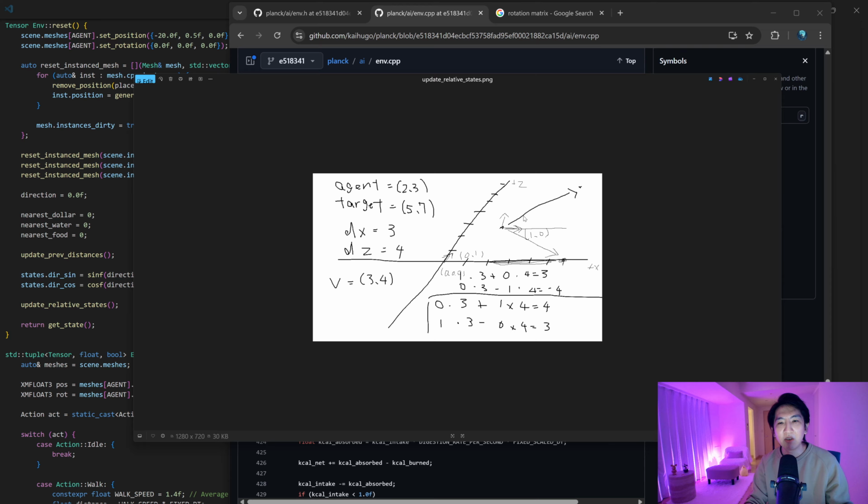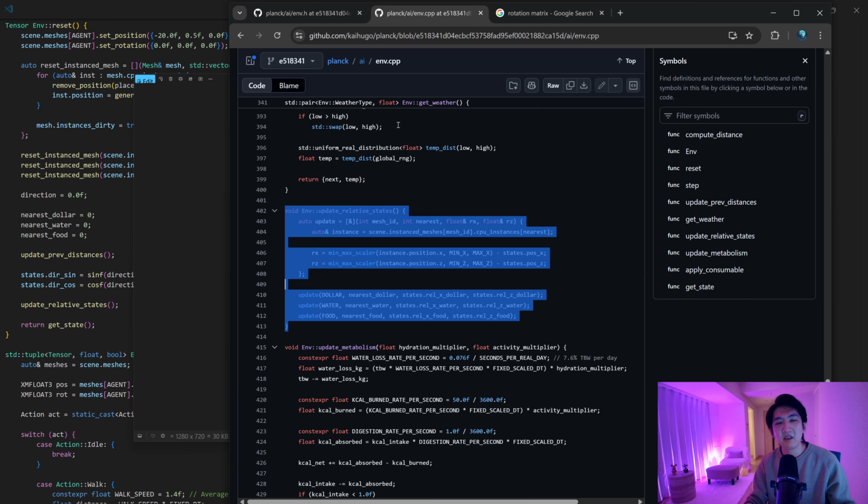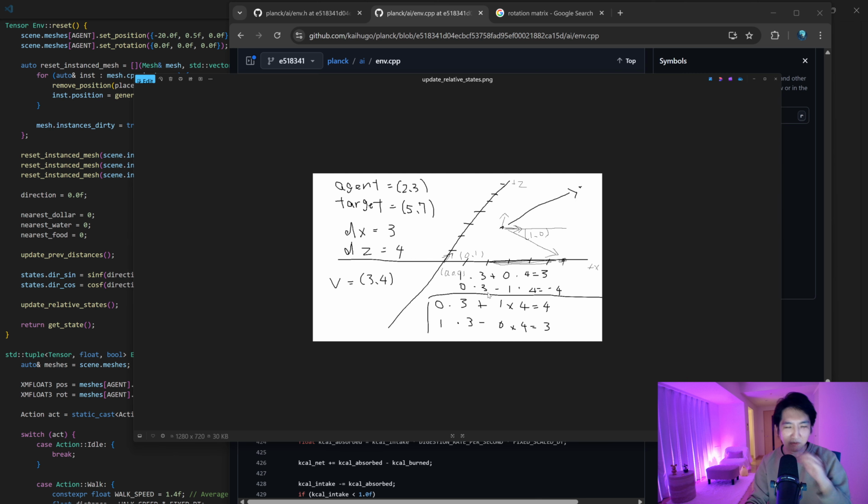So imagine if he has rotated 90 degrees, or pi over 2 radians, making him face towards this way. And what happens is that this function no longer really works well.